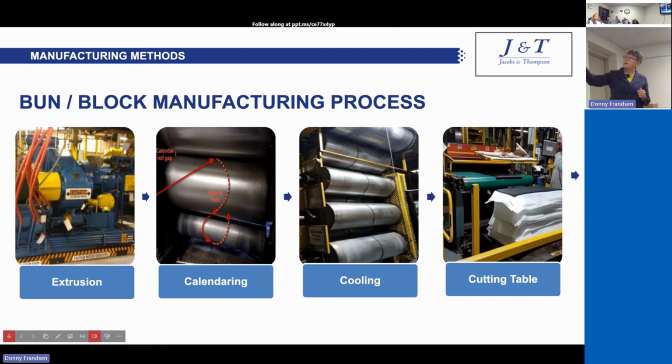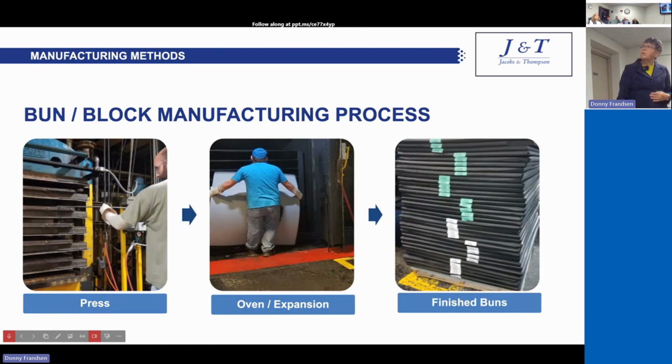There are 4 or 5 plies, or 3 or 4 plies, of squares on the cutting table, all separated by wax paper so they don't stick. Now you move each of those little bundles into the press, a 6-gang press. That's a hydraulic press, high hydraulic pressure. Steam is all over the inside of the press, so there's heat. A certain time later, it pops out of there, and then they move it into an oven to do the final expansion.